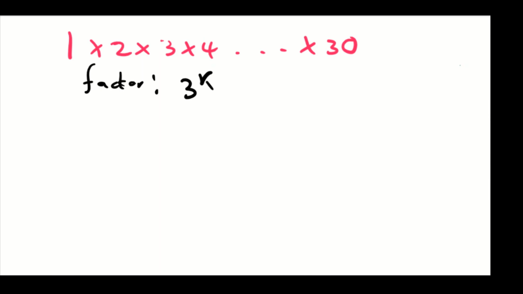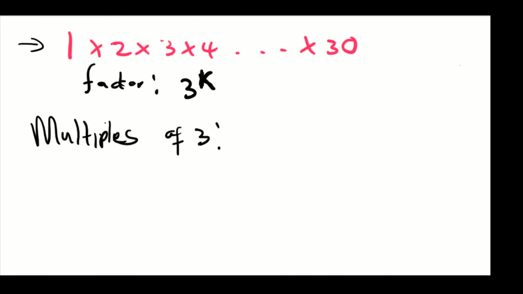It tells us that because we want the value of k, which is on top, it's an exponent, it means now that this 3 to the power of k must be equal to the same base of 3, such that we will just drop the exponents, right? So let's find the multiples of 3 that exist in this product here, right?